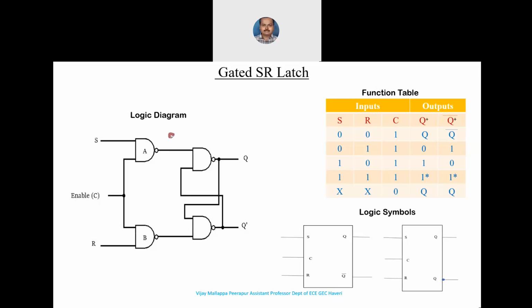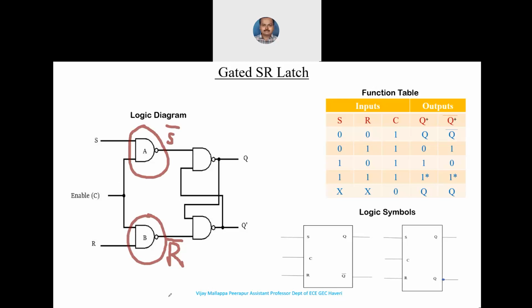So this one is S bar and this is R bar, and it is acting as an inverter, a NOT gate, when the enable signal is on here.